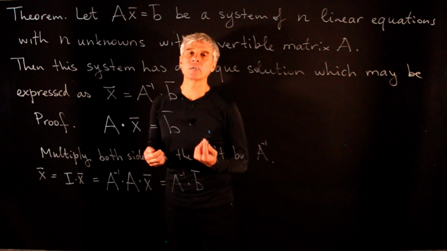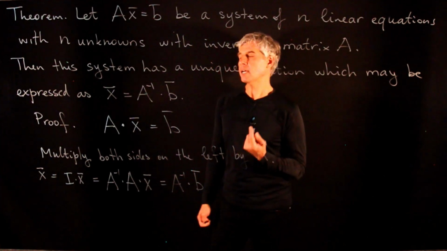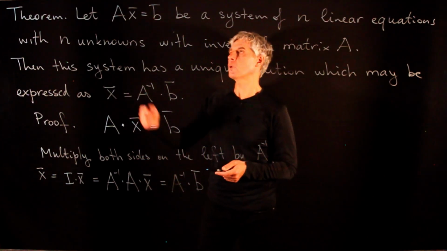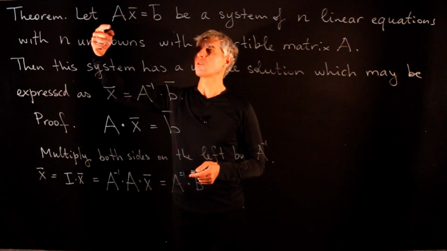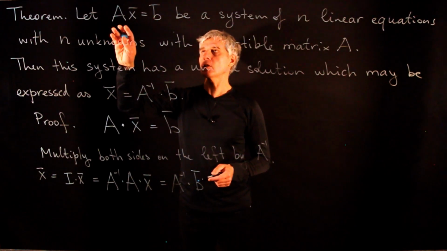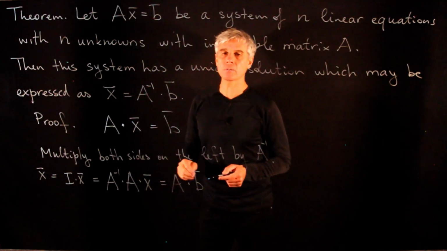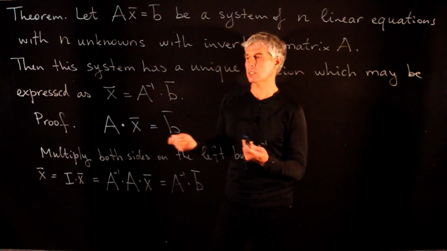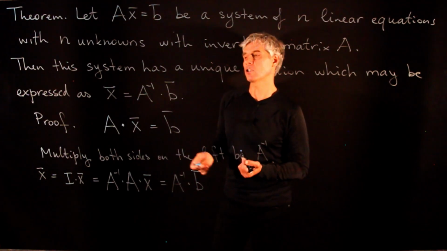Another situation where this could be effective is if we want to solve many systems of linear equations with the same coefficient matrix, but different right-hand side columns. This also comes up in applications.